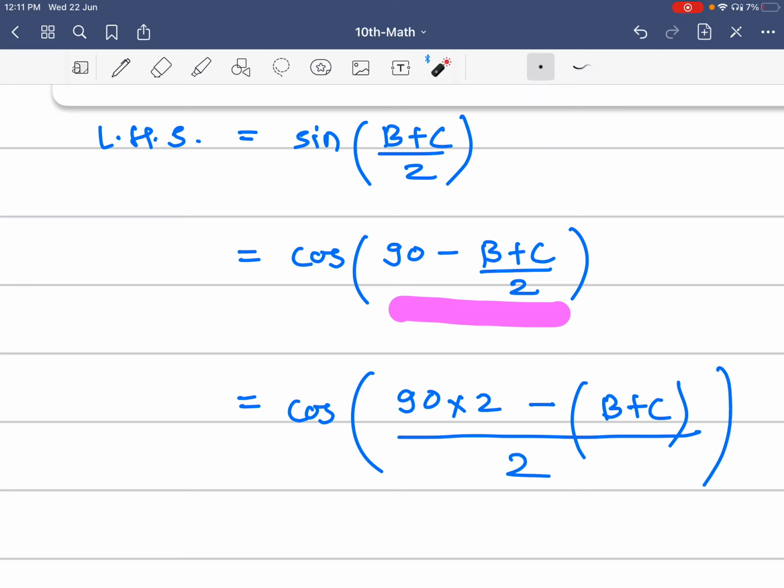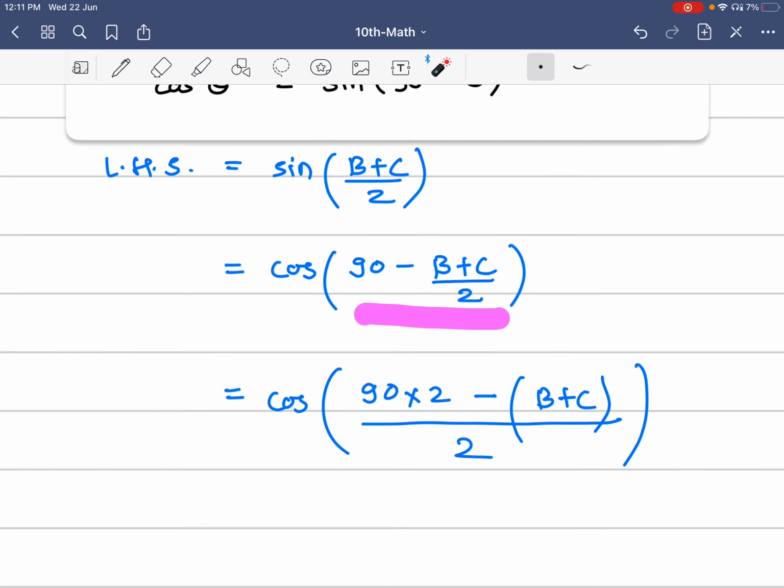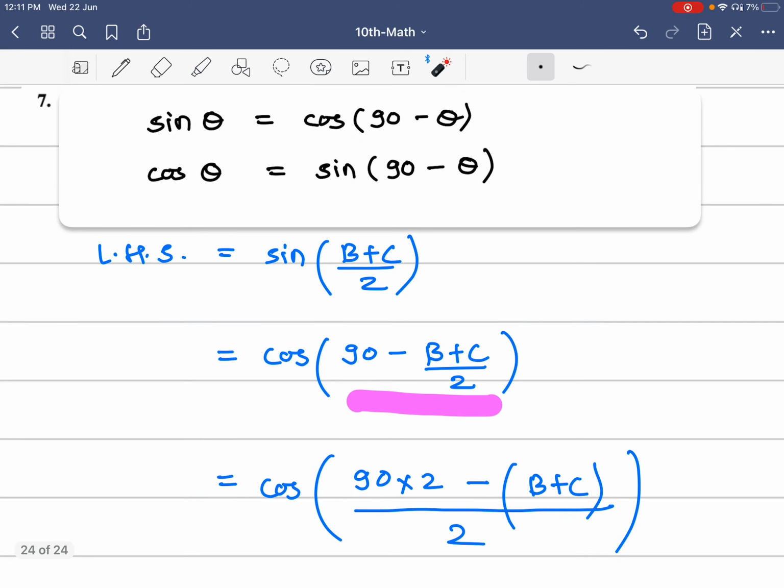I hope you got the point, because this is an angle (B plus C) by 2. This is like theta, so it will be minus of this whole thing. In fact, let me put a bracket here as well so that it's less confusing. That negative sign is very important. This is minus of this whole bracket, 90 minus theta. And now I have taken 2 to the numerator, so 90 into 2 minus this (B plus C) the whole divided by 2.